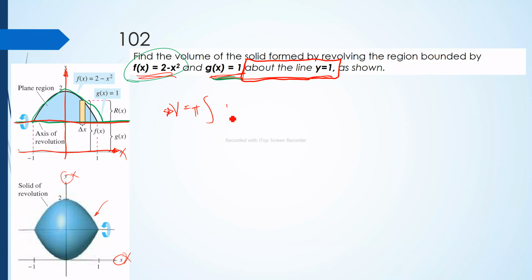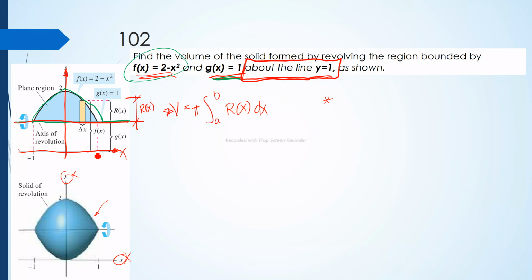So the volume is just equal to pi times the integral of the radius r of x squared dx from a to b. So what is our radius here? The radius is from the axis of revolution to the curve, or to the topmost. That is our r of x.